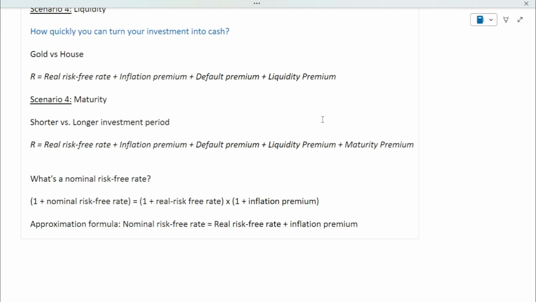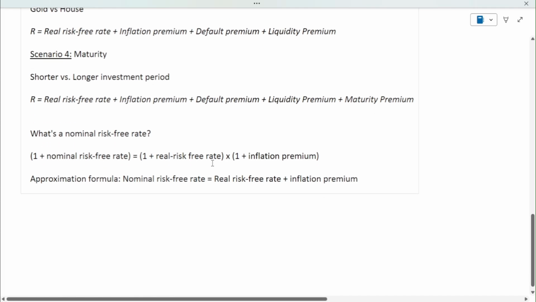That's why we require maturity premium. And with all these concepts combined, our formula for the composition of interest rate to its components is complete. And the final formula is here. So the interest rate equals the sum of real risk-free rate, inflation premium, default premium, liquidity premium, and maturity premium.